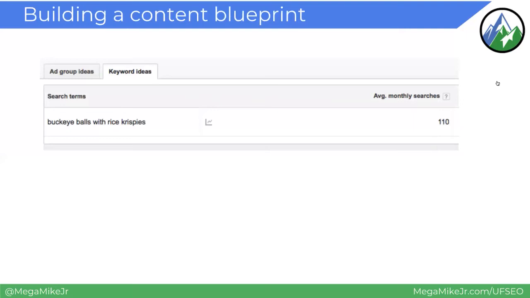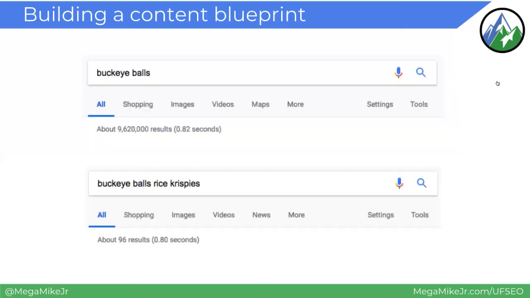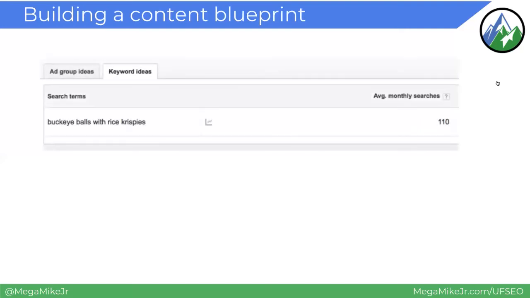We really want to compete for Buckeye Balls in general, but let's capitalize off of what we can do in the meantime. So with that being said, 96 results for Buckeye Balls with Rice Krispies, that's little to nothing. And then we have people who are searching for it on a monthly basis, 110. So we have more people searching for Buckeye Balls with Rice Krispies than there are actual results. I think that this is definitely a winner for us, right?